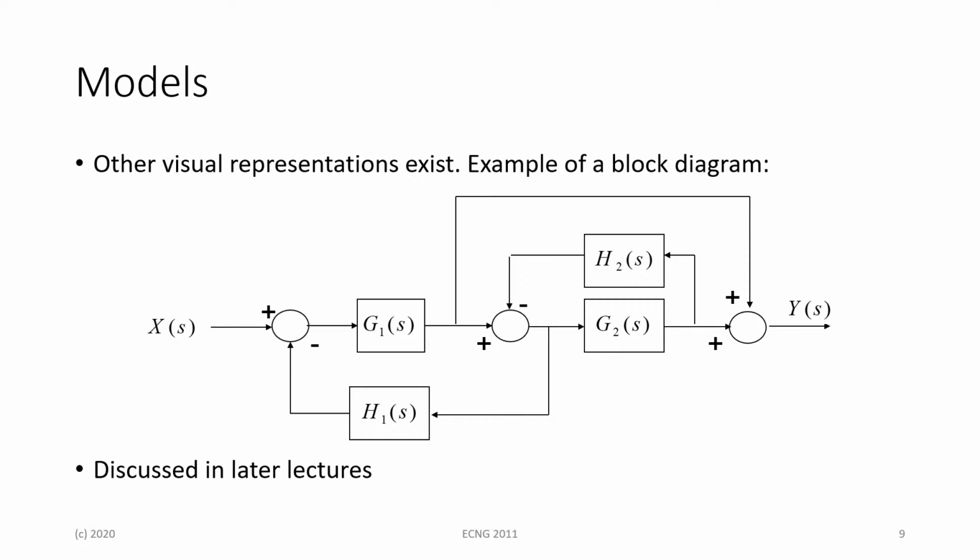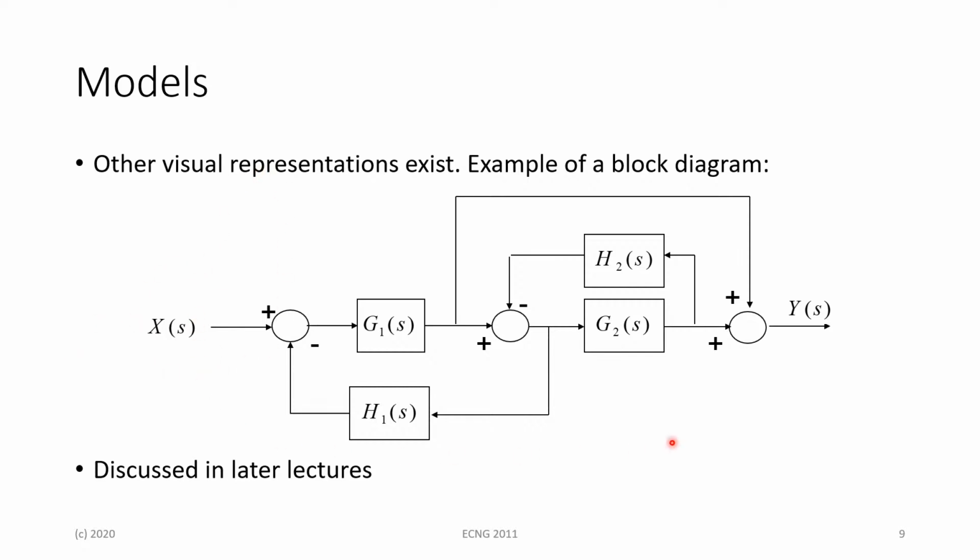Other visual representations actually exist within our course. In particular, one visual representation that we will be using later on is our block diagrams. Our output here is Y of s, and our input here is X of s.